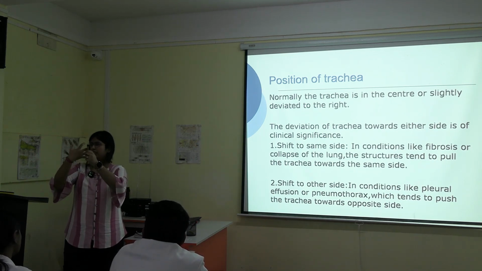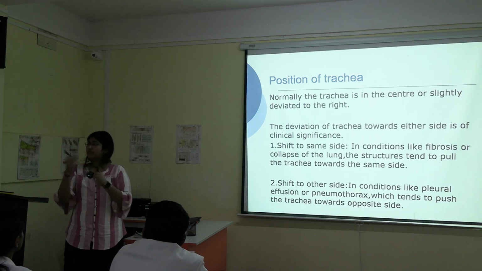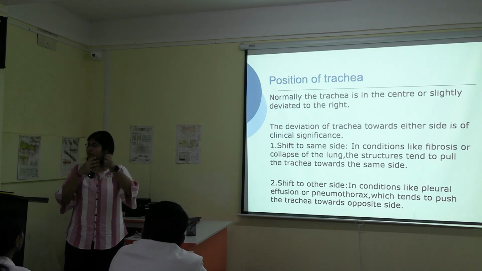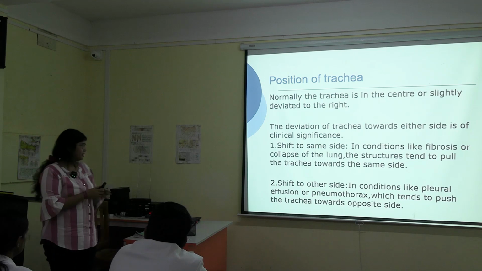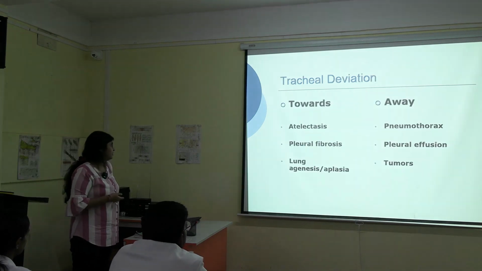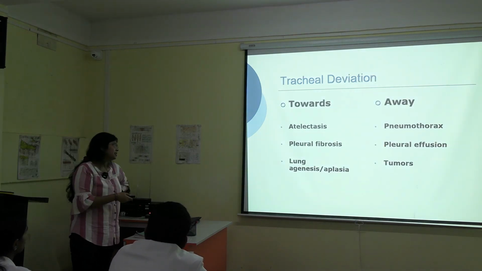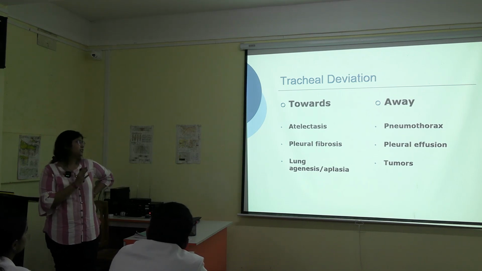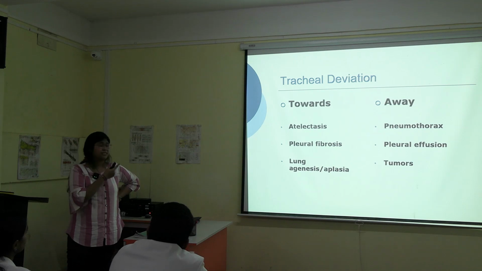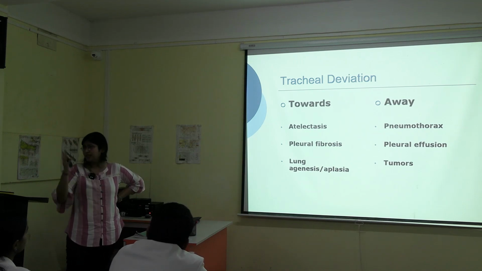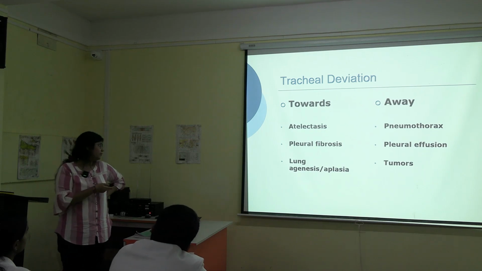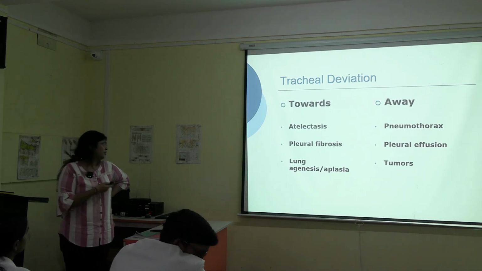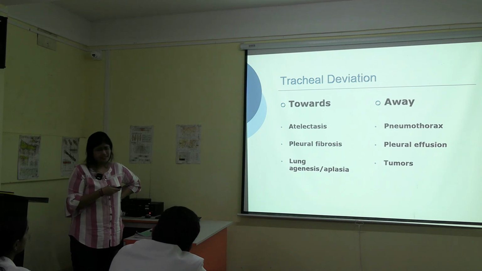If the balloon inflates, it will push it away, right? Same is your pneumothorax. It will push it away. So here are the conditions. Away in pneumothorax, pleural effusion, tumors. Towards in atelectasis, lung collapse. Lung will collapse, it will pull it towards. Then pleural fibrosis, lung aplasia, these things.